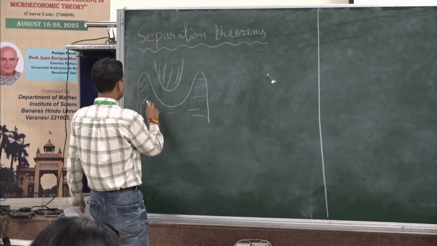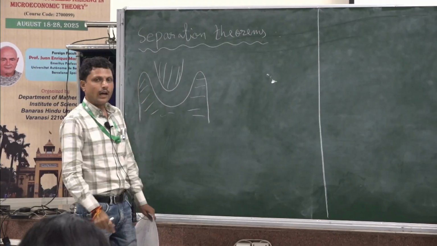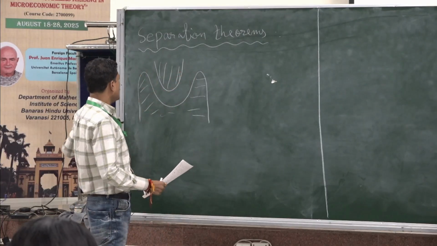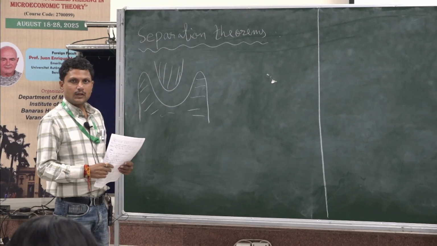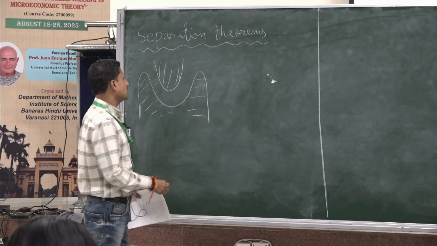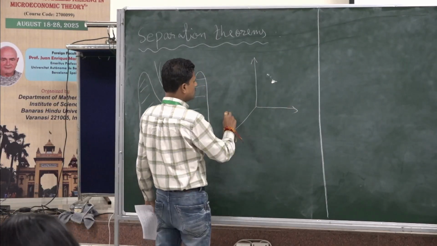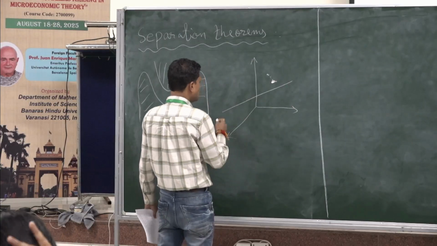Is it possible to find a hyperplane which will separate both these sets? Because in space, whenever we have a hyperplane, it separates the space into two parts.